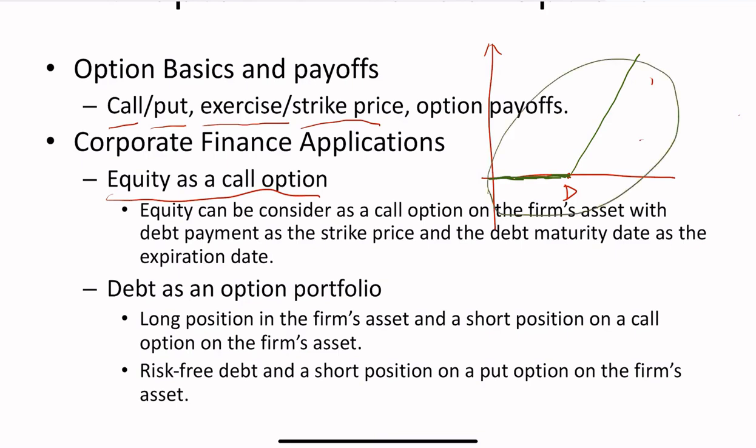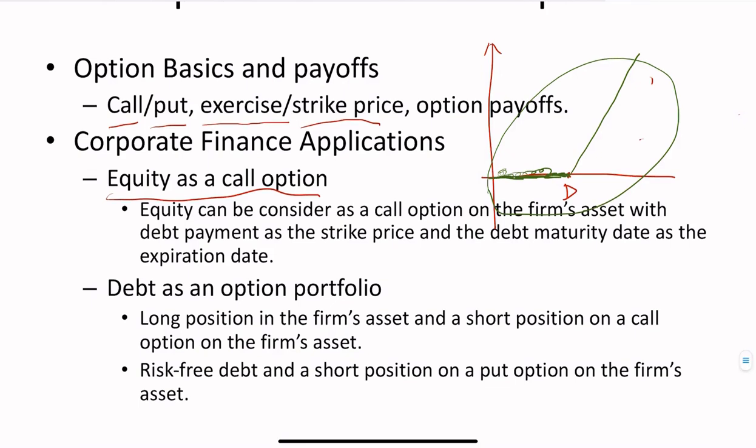Because if the value of the firm falls below the required debt payment, the firm will basically apply for bankruptcy, and as the equity holder you get zero, right? And then if the firm's value of asset gets above the required debt payment, as the equity holder, your payoff will be given by this, right?